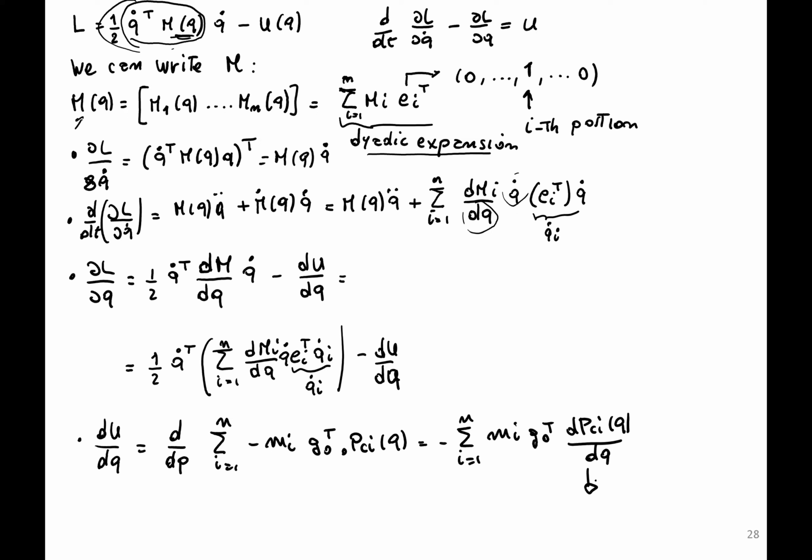The Jacobian, in this case the linear one, of what? The COM of link i. And this is what we call a gravity vector, g of q.